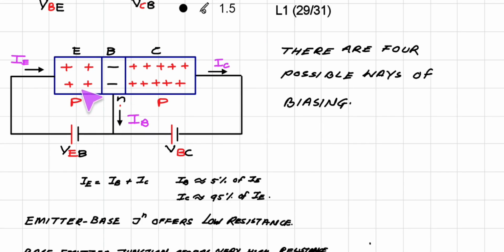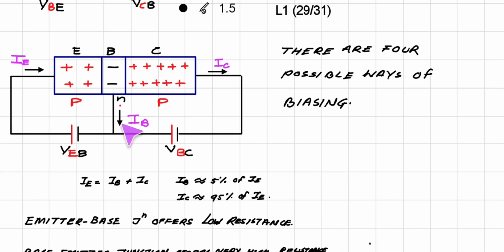Now here we see that the emitter base junction is made forward bias and the base collector junction is made reverse bias. This configuration is normally used because in this configuration the transistor works in an active region and any applied small signal can be amplified.